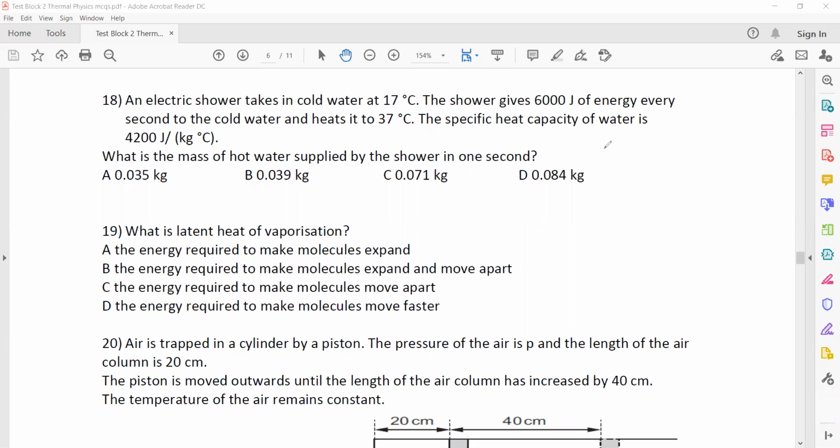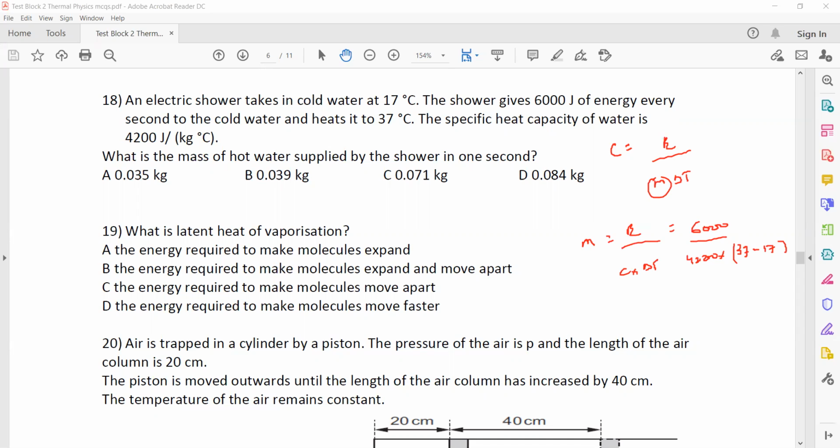Basically we have this formula: energy supplied, Q, is equal to c m delta T, or c is equal to energy divided by m delta T. So if we need m, m is equal to E, the energy supplied, divided by c, the specific heat, and delta T, the change in temperature. 6000 joules of energy is supplied, specific heat is 4200, and for the temperature change, the final is 37 and the initial is 17, so the temperature change will be 20 degrees.